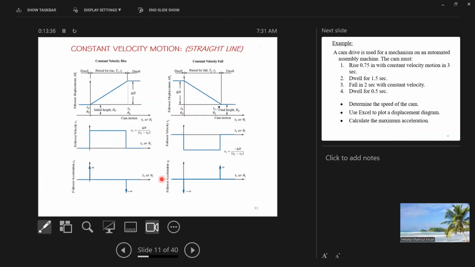So that will be for the displacement on top. Second row will be for the velocity, and the last row will be for the acceleration. So constant velocity meaning when you look into the velocity, the diagram will be flat, and it's constant velocity. And the value for the acceleration will be 0 over this flat region.